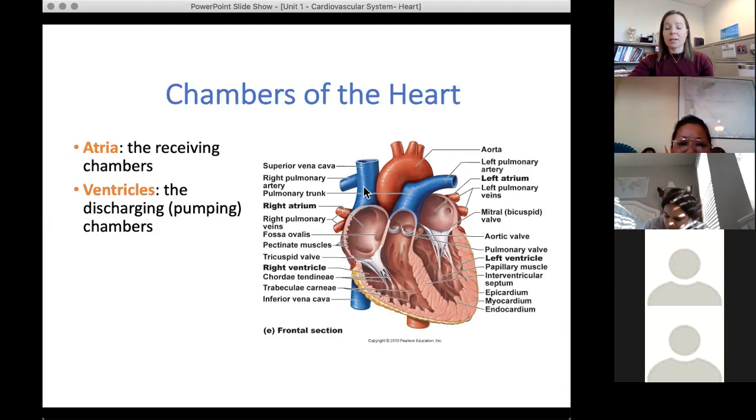So it's carrying blood, and it's deoxygenated blood from areas above the heart. And it's bringing that blood right here into the right atrium. So knowing that, you can probably guess what the inferior vena cava does. That's down here. So that carries blood from all areas below the heart.